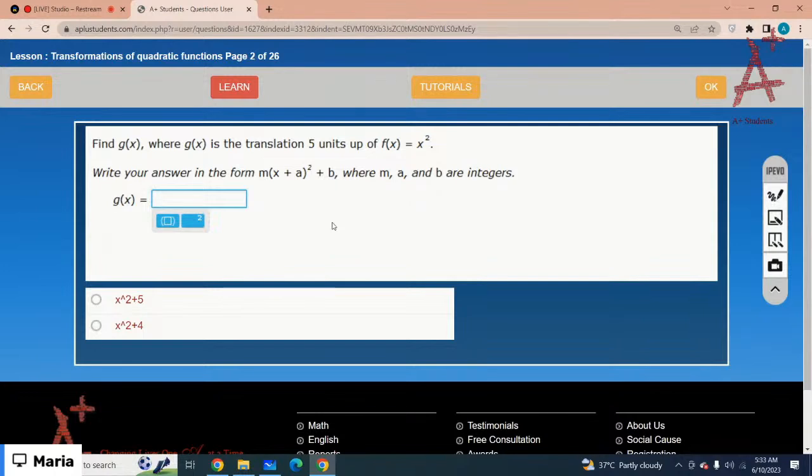You have to translate the function 5 units up, so it would be x squared plus 5. Option number 1 is the correct option.